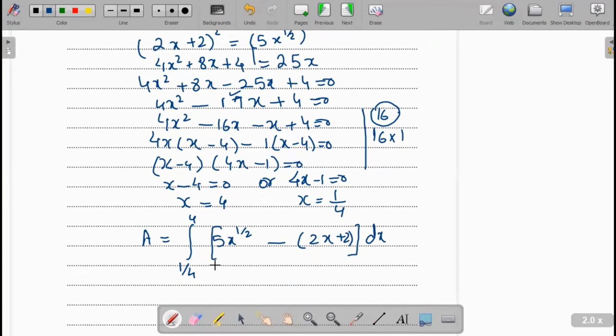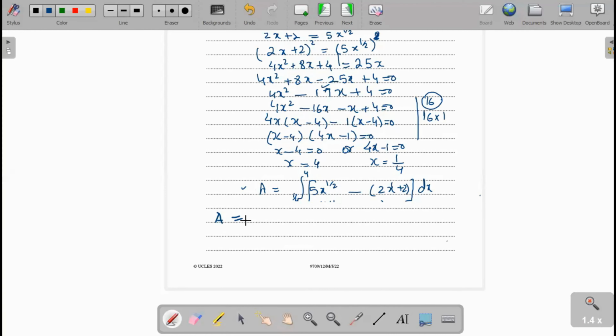Now we integrate this expression: 5x^(1/2) becomes 5 times x^(3/2) divided by 3 over 2, minus 2x squared over 2, minus 2x, and apply the limits 1 over 4 to 4.